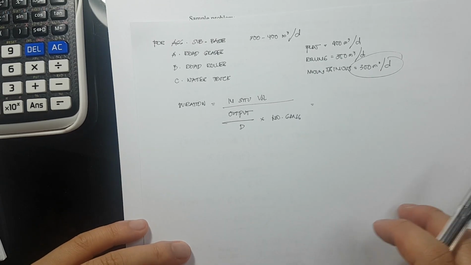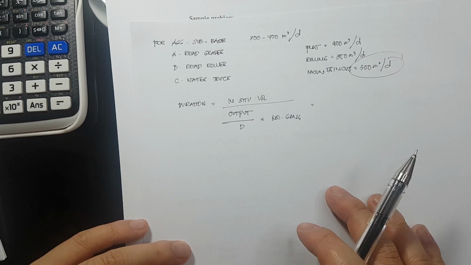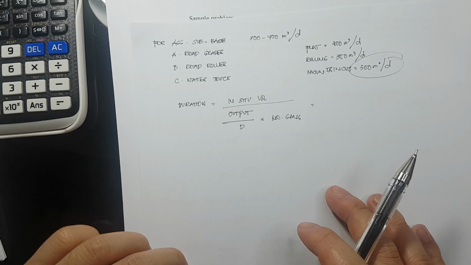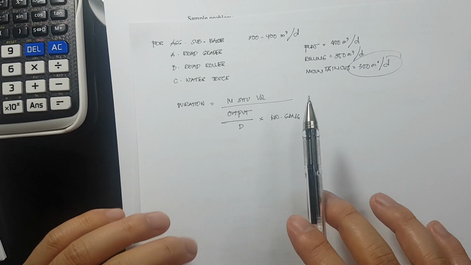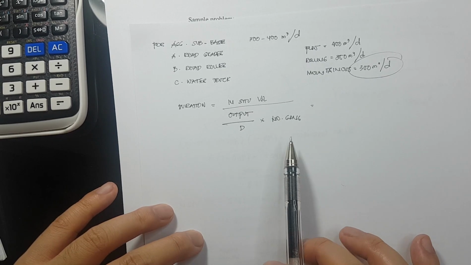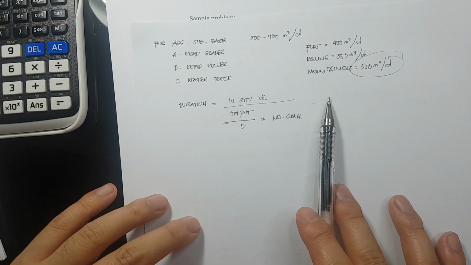Actually, this whole computation is a matter of unit analysis. So if you are confused on how you're going to solve, just check the unit nung mga item, then analyze how you're going to cancel the unit so that may iwan yung unit na desired mo. Okay?